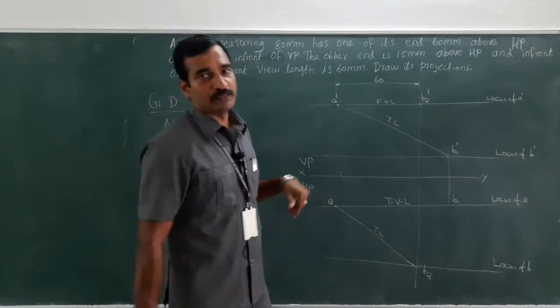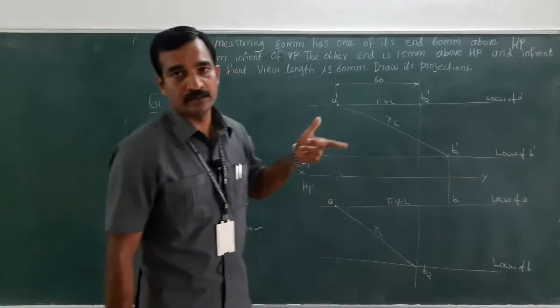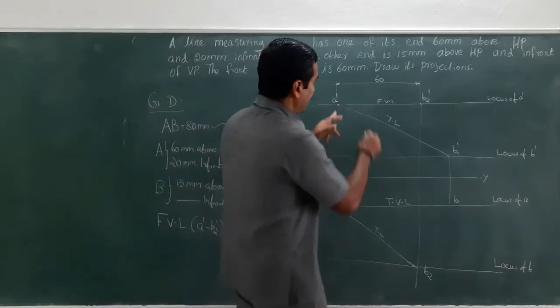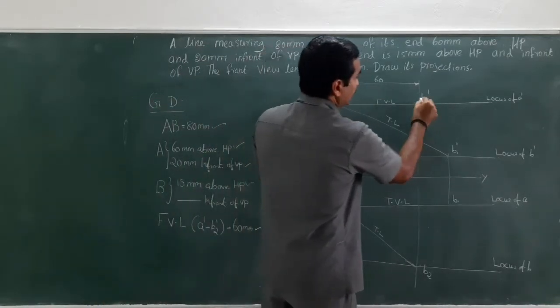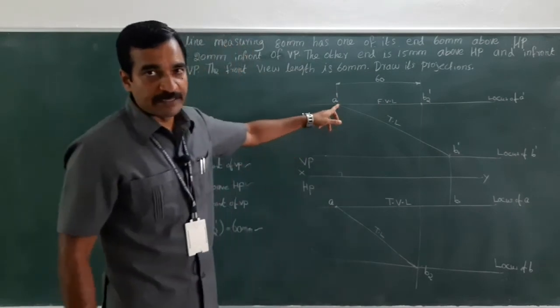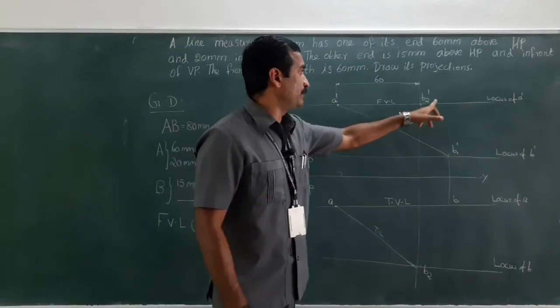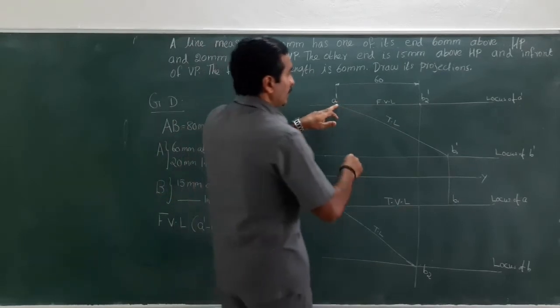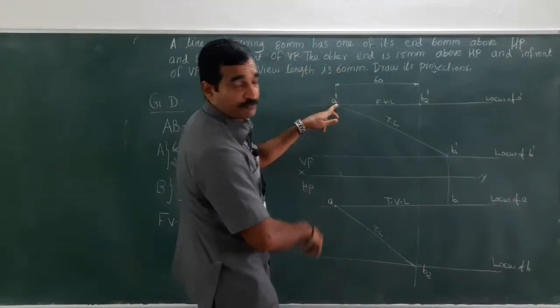Now I am going to implement the rotating line method, right? For which let me just take A dash B2 dash in a compass. The distance between A dash and B2 dash in the compass, A dash as center, cut an arc towards the locus of B dash.